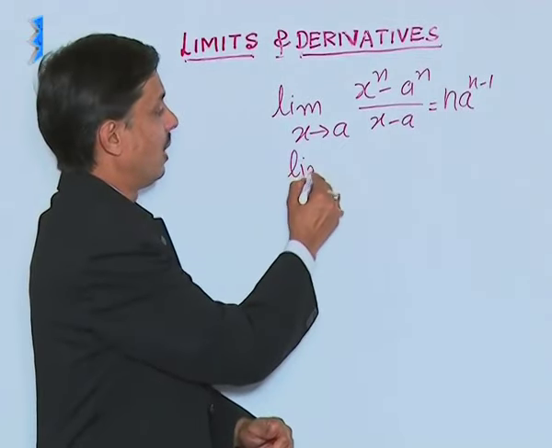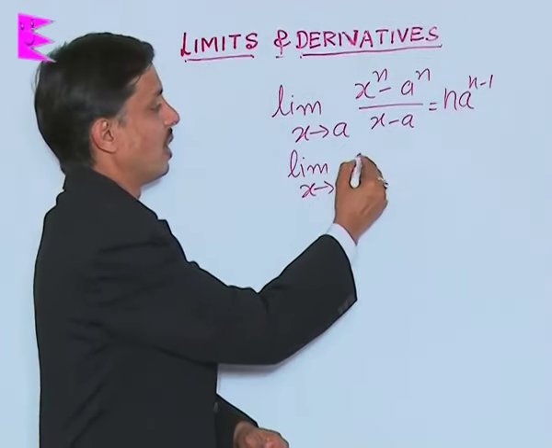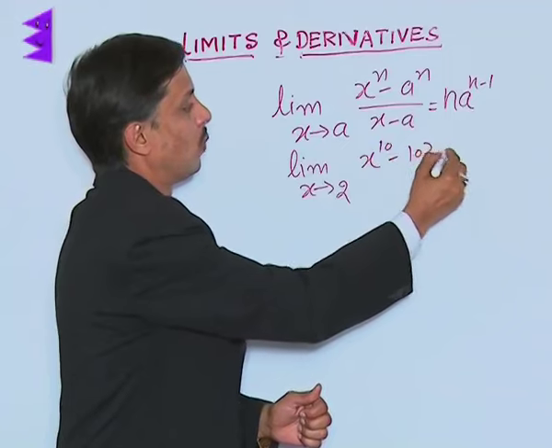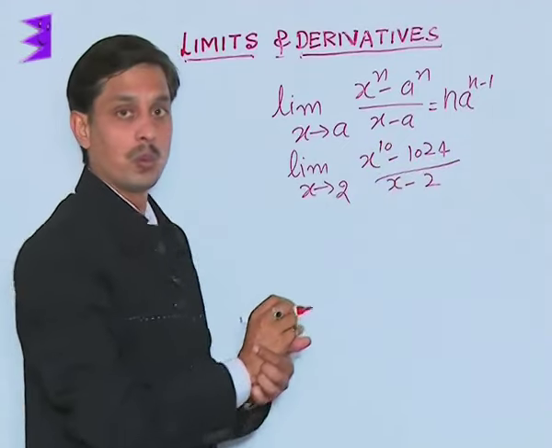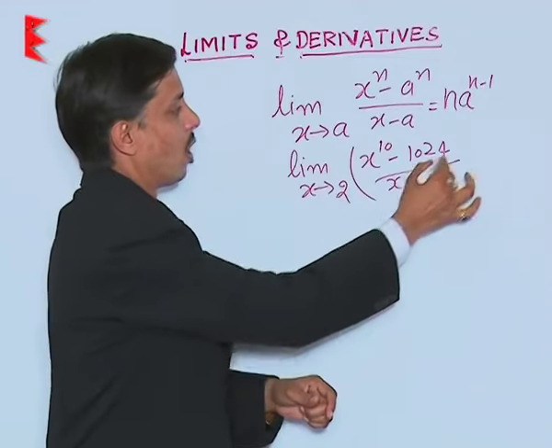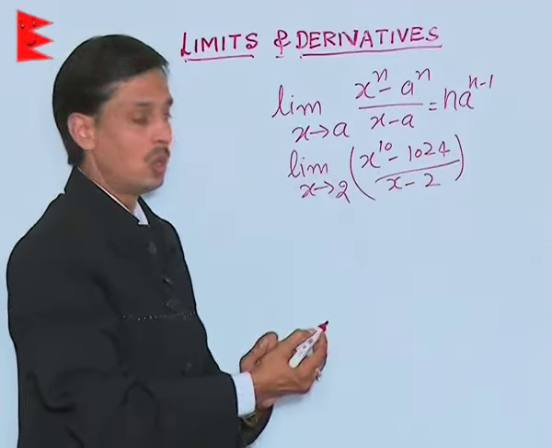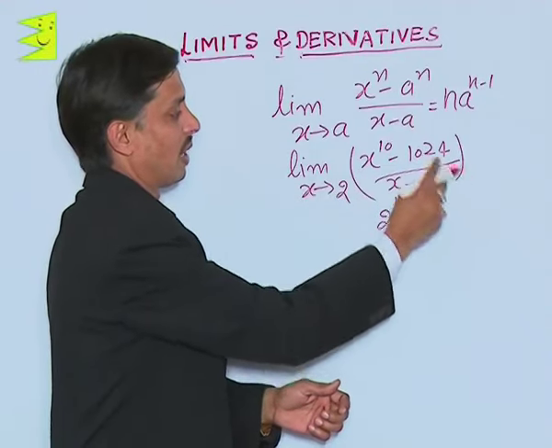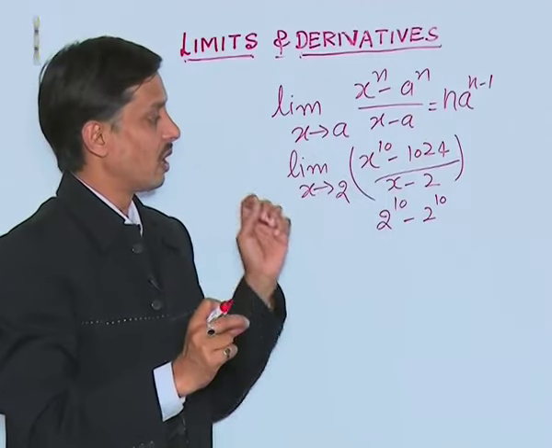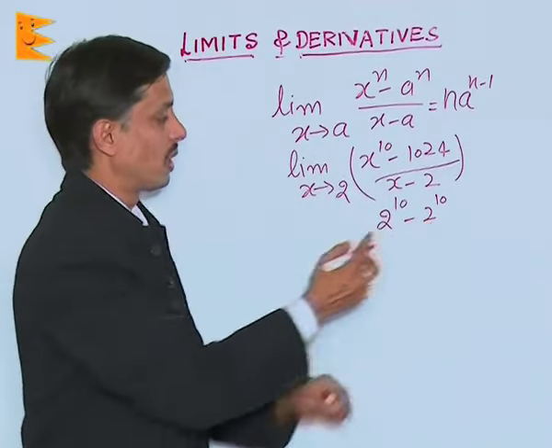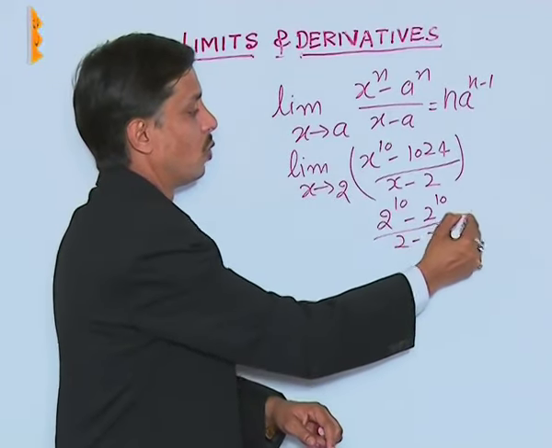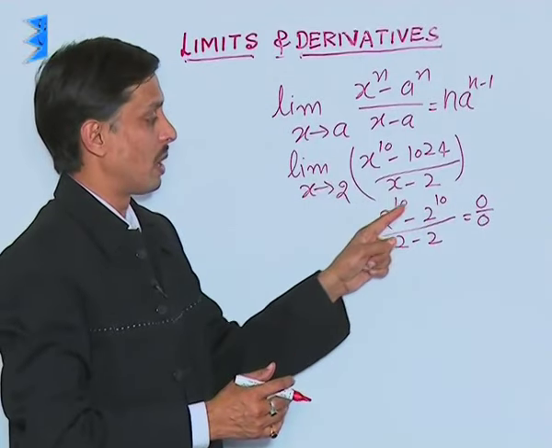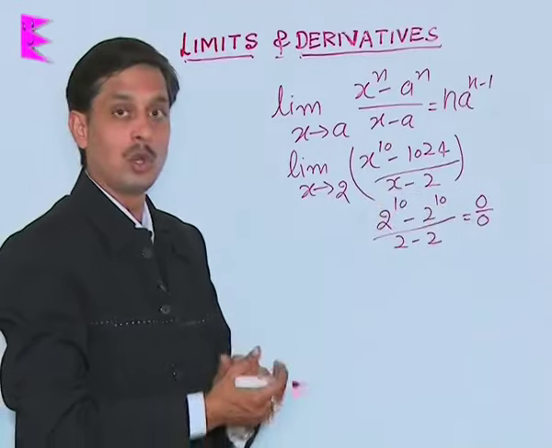If I take an example, limit x tending to 2, (x to the power 10 minus 1024) upon (x minus 2). To find the value of this, if we put x equals to 2, what will we get? 2 to the power 10 minus 2 to the power 10, because 1024 is the continuous product of 2 ten times, upon 2 minus 2, which becomes 0 upon 0, said to be an indeterminate form, because 2 to the power 10 positive and negative cancel, 2 minus 2 cancel, 0 upon 0.